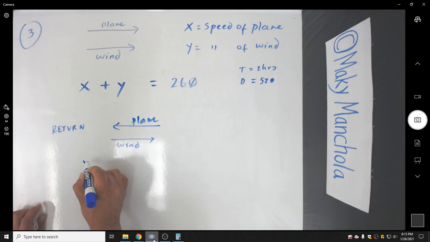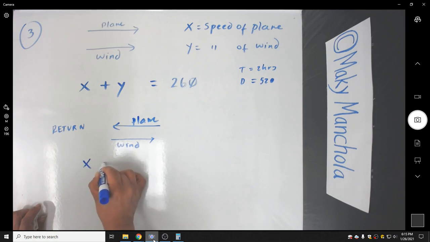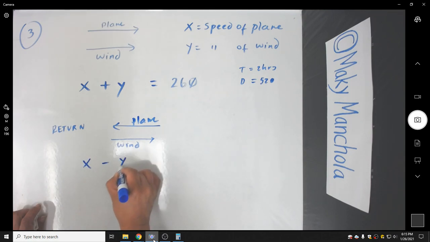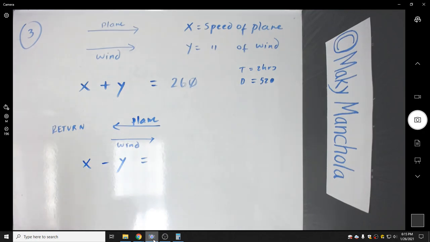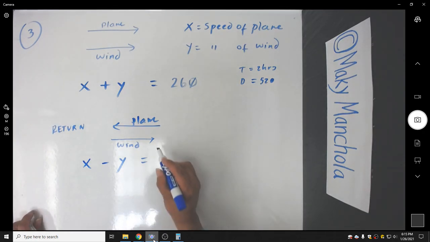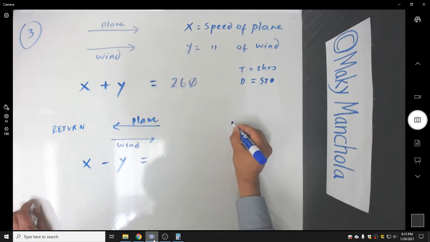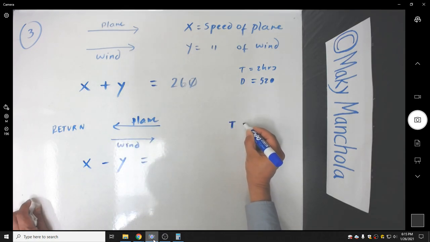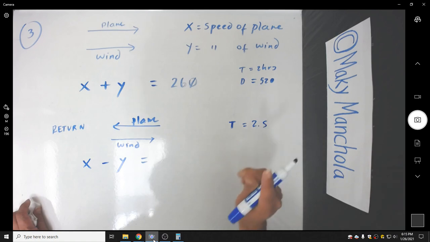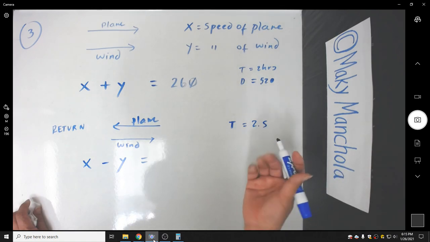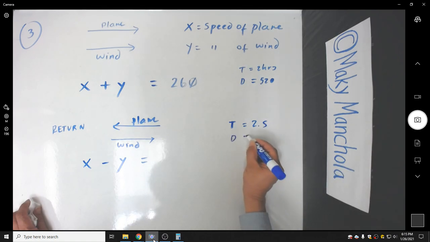Remember that the speed of the plane is x, minus the speed of the wind, y. Now, what is it in this case? We have to consider that the time when you're returning is 2 hours and a half, which is 2.5, but the distance is still 520 miles.